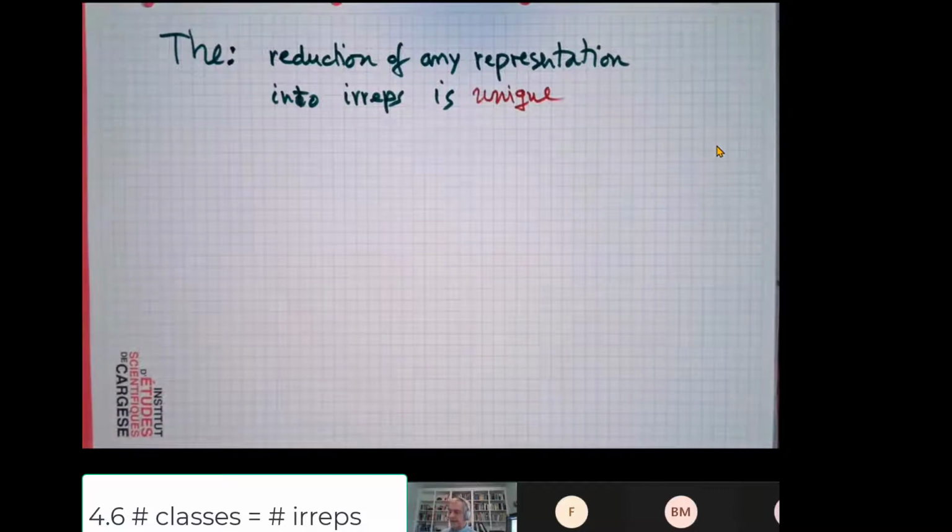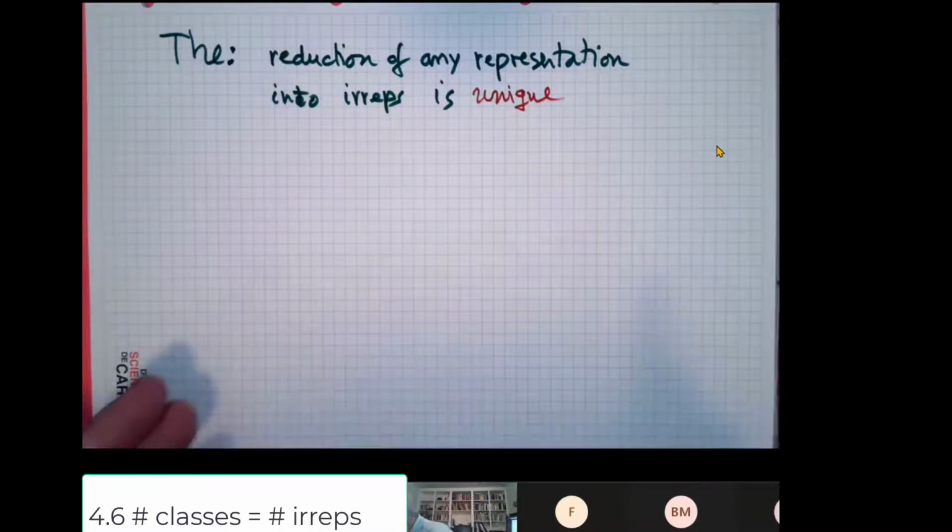Now, a character for that thing is I just sum up things on the diagonal, and it's a sum of characters for the subblocks. And that only depends on the class.